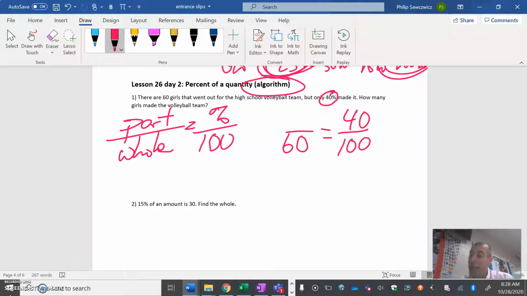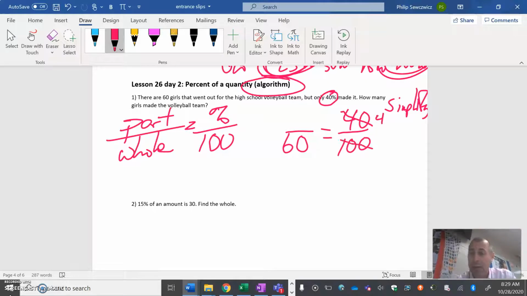So the big thing you've got to keep in mind here is this word simplify. Simplify your ratios, and it's going to work out quite nicely. So for example, I see the 40 over the 100. I can divide both of those by 10, simplifying. So let's divide by 10. If I take 40 and divide it by 10, I get a 4.